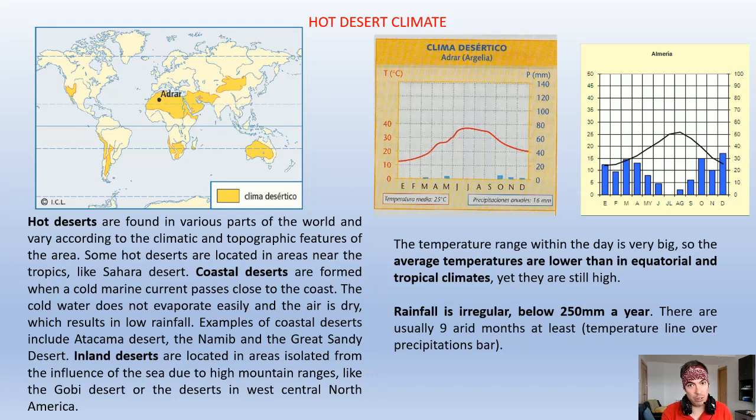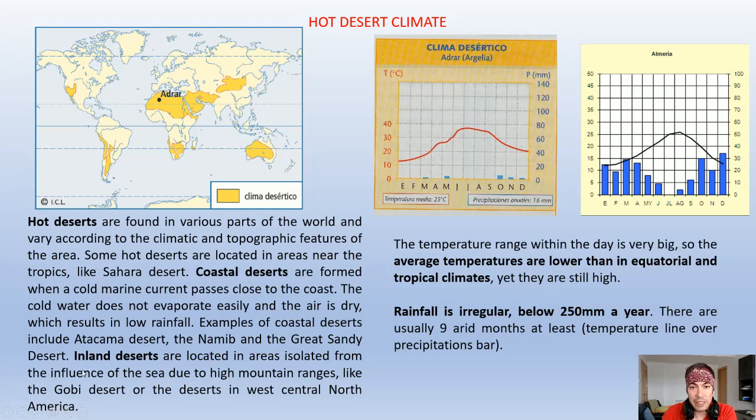So since the water is cold, it does not evaporate, it does not form clouds, so therefore there is no rain. Examples of coastal deserts include Atacama Desert, which is here in Chile, the Namib, which is here in South Africa, and the Great Sandy Desert, which is here in Australia.